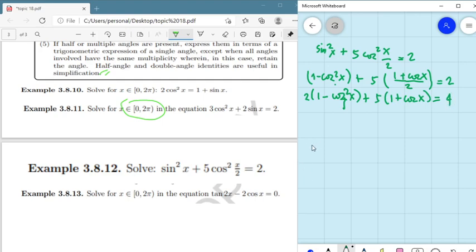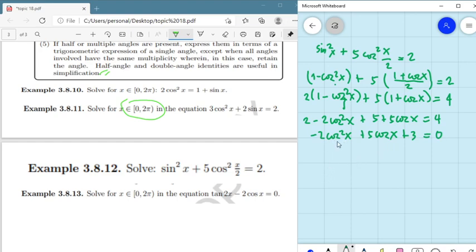Okay, then distributing, 2 times 1 is 2 minus 2 cosine squared x plus 5 times 1 is 5 plus 5 cosine x equals 4. Okay, combining everything, it becomes negative 2 cosine squared x plus 5 cosine x, plus 2 plus 5 is 7 minus 4 is positive 3 equals 0.